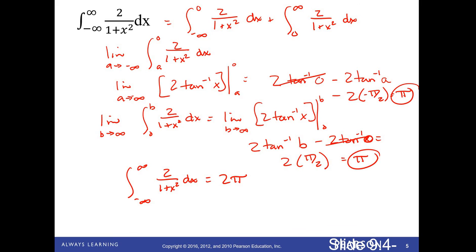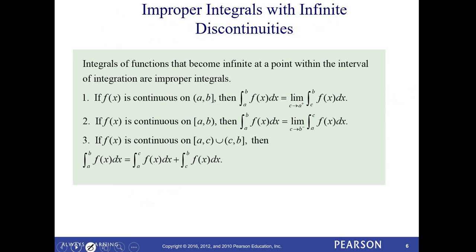All right, one last thing to look at: improper integrals with infinite discontinuity. So, again, copy this down. Integrals of functions that become infinite at a point within the interval of integration are improper as well. So if f of x is continuous on a to b, then the integral from a to b of f of x dx is the limit as c approaches a from the right, because a is your left endpoint.